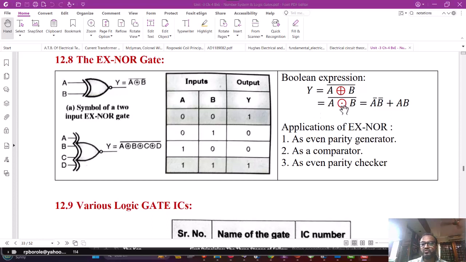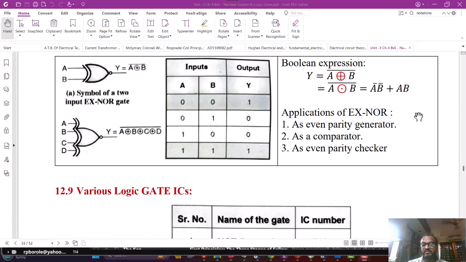It is also shown by the symbol A, with an operation symbol of a dot in a circle, that is exclusive NOR, and another input B. So A exclusive NOR B is equal to A bar B bar or A B. That is the expression for the output of the exclusive NOR gate.